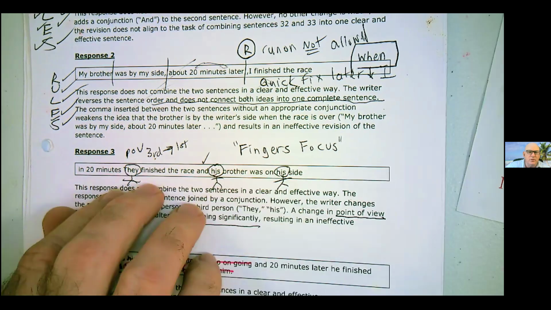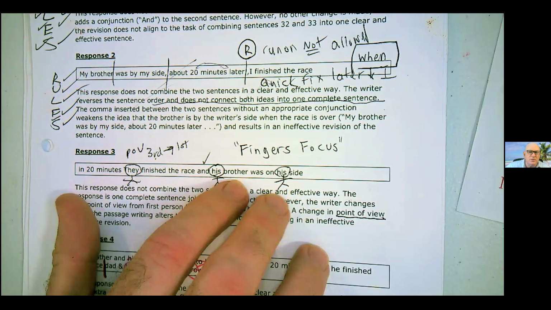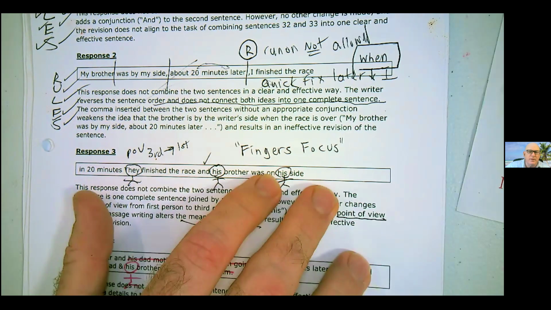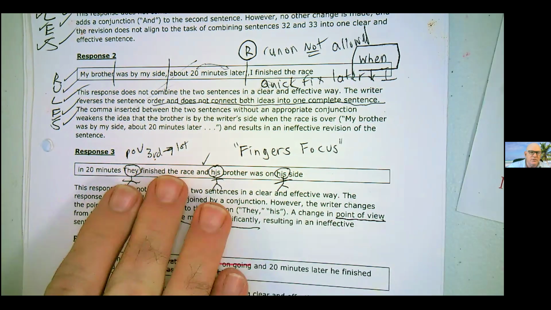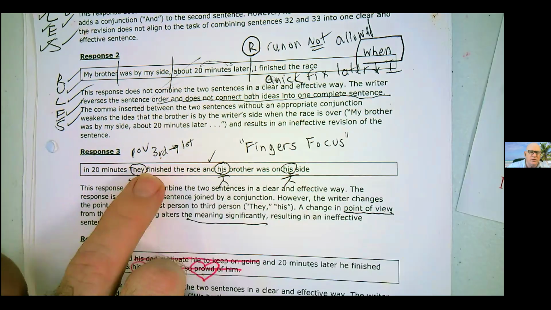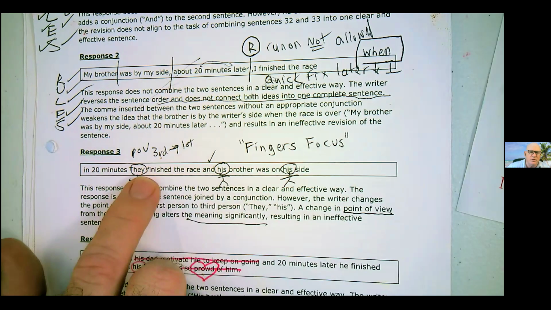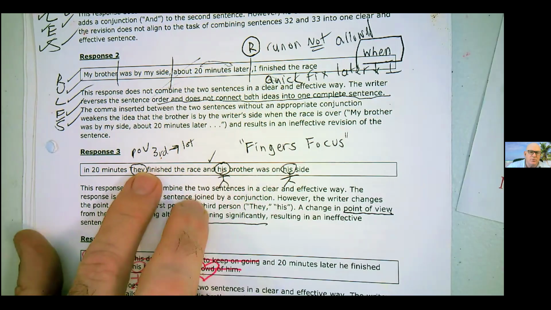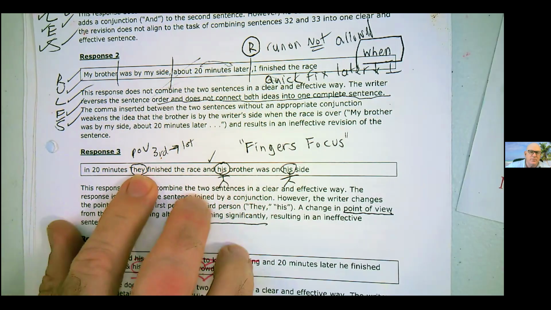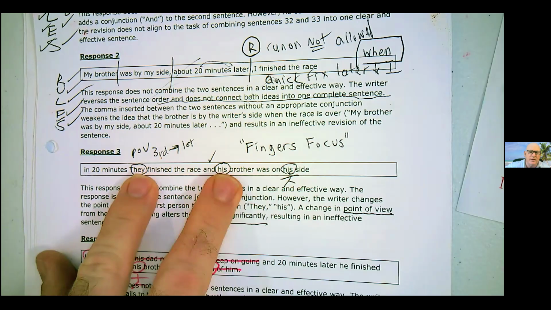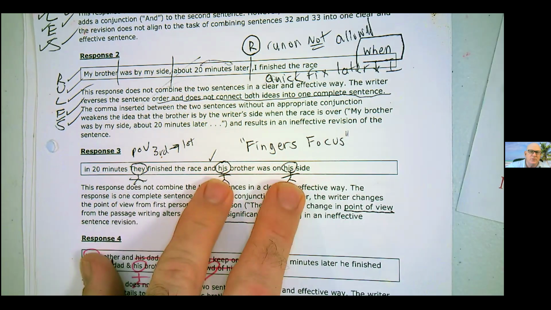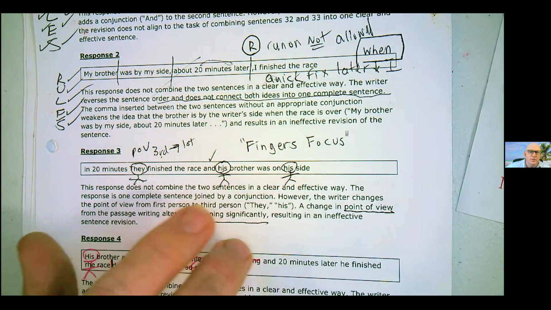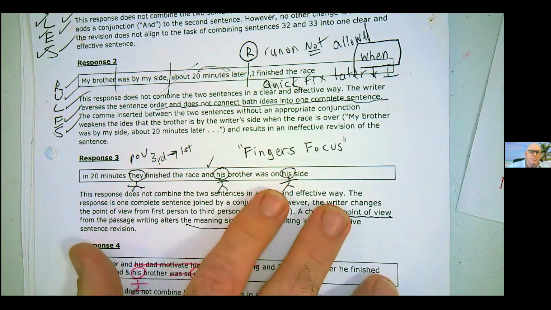Okay, so it's pretty much the same content, but according to this guideline, when you do shift from first person I, it was supposed to be: I finished the race and my brother was by my side. And since that's third person, you would not earn the point.